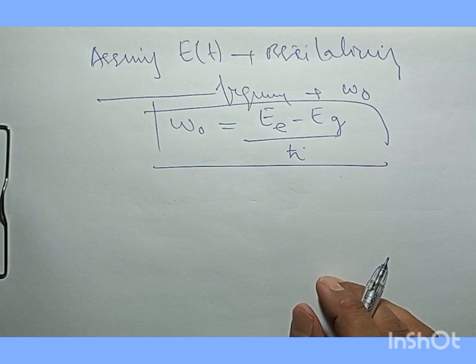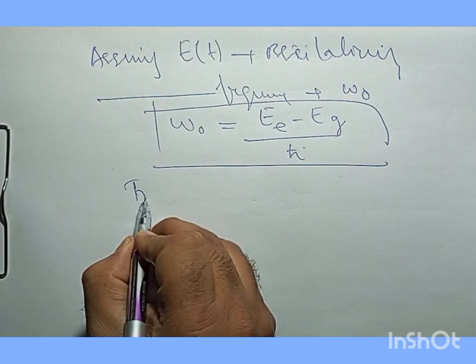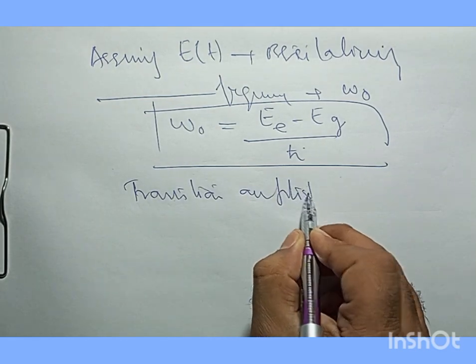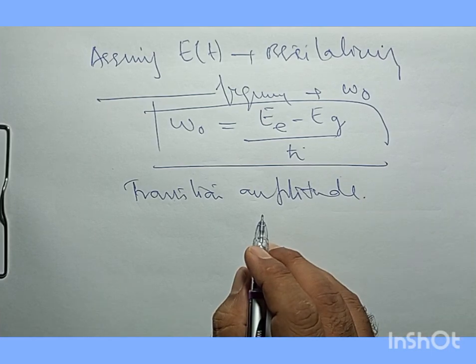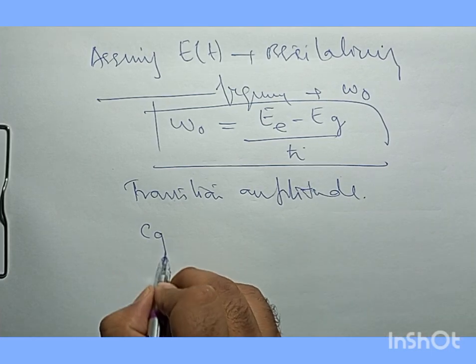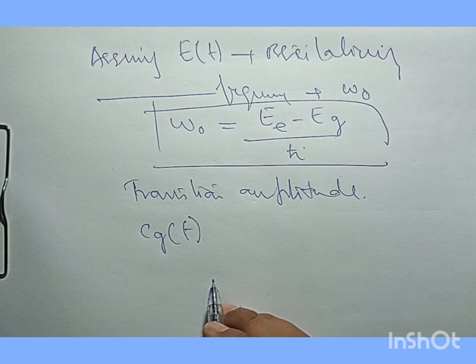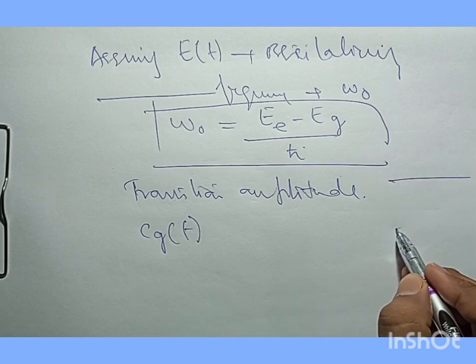Now all I have to do is to write the transition amplitude. In this case it will be C_g of t, because the end happens at the ground state for this spontaneous emission from the excited state to the ground state.